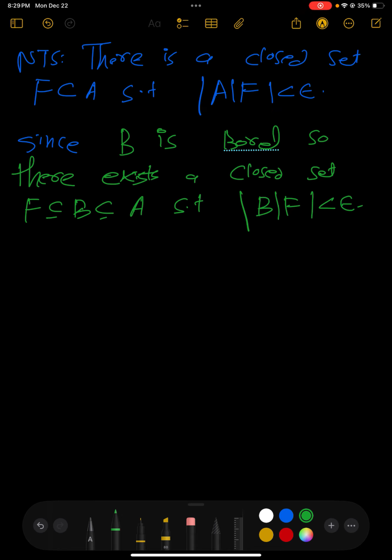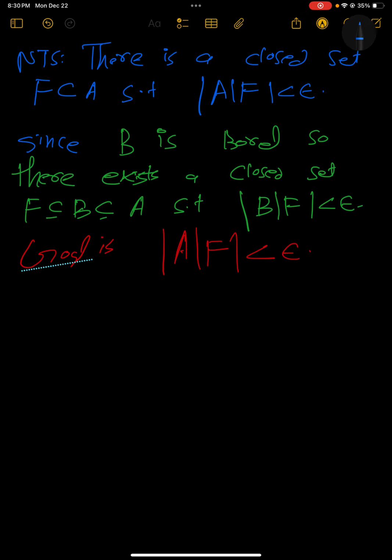That's a well established result. You should know whenever we have a Borel set, there will always be a closed set F such that B difference F is less than epsilon. But our goal is to somehow show that the outer measure of A difference F is less than epsilon.